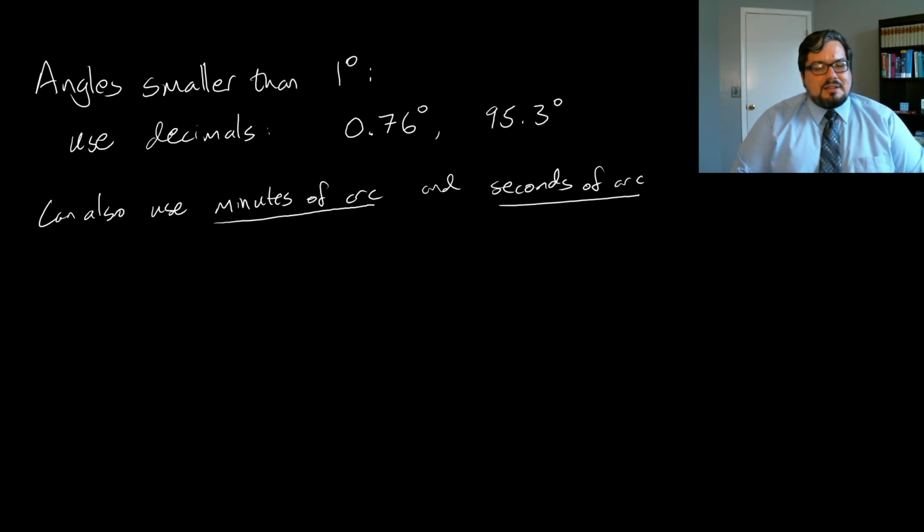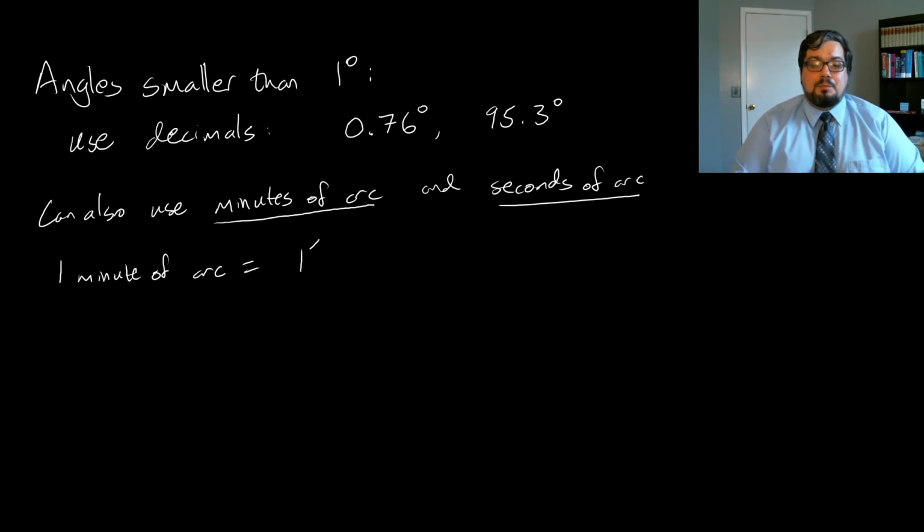And the way this works is that 1 minute of arc is denoted as 1 with a little apostrophe after it, or we sometimes call this prime in math, which is 1/60th of a degree.